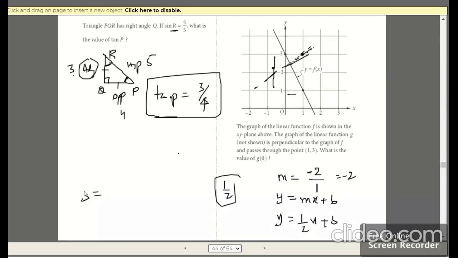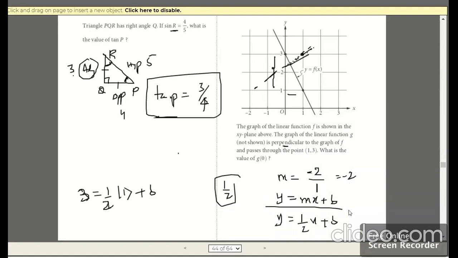So 3 equals 1 over 2 of 1 plus b. Once we get the slope of the line f, as it's said in the question that g, which is not drawn, is perpendicular to f, the slope will be the negative reciprocal. So minus 2 over 1 becomes plus 1 over 2.